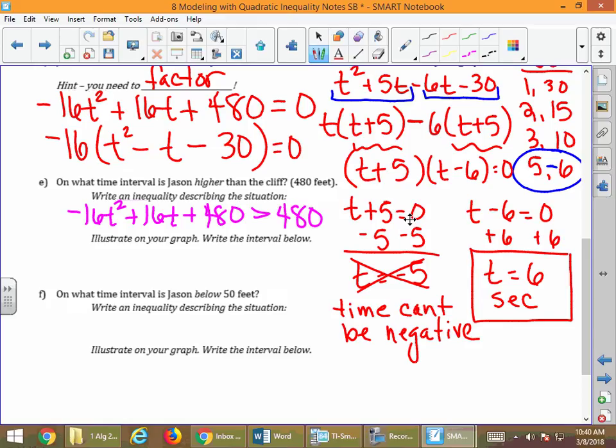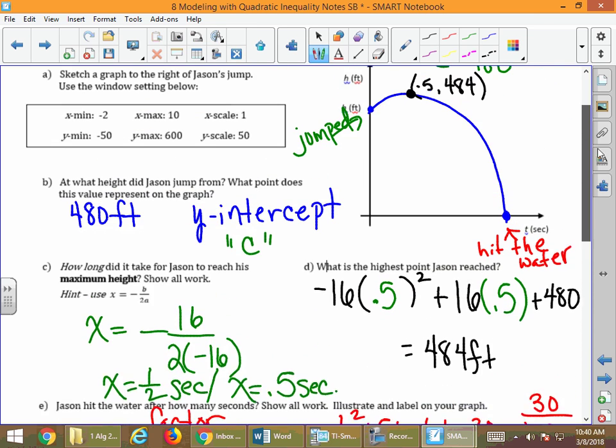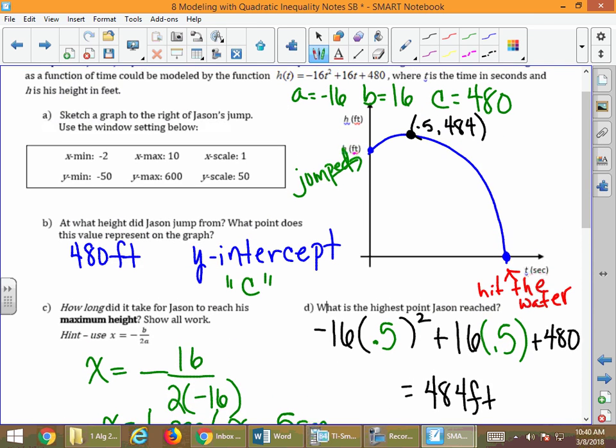If we go back and illustrate this on the graph, we're going to get a picture of something like this. Ooh, I'm a little bit off, but you get the idea. So what we want to know is this value right here and that value right there.